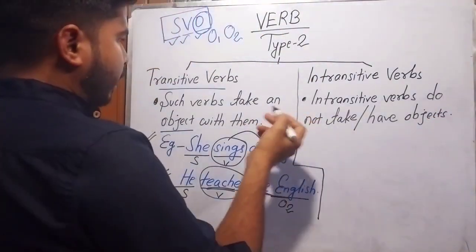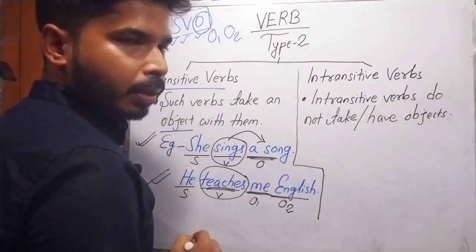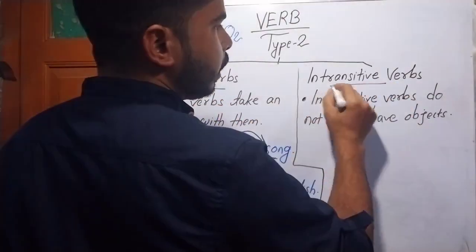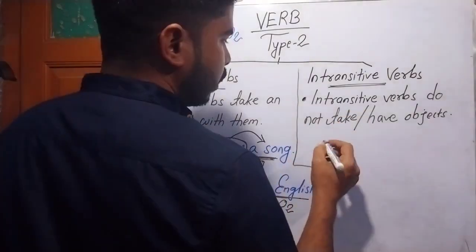In the case of transitive verbs, you will have objects, but in the case of intransitive verbs, you will have no object in the sentence or with the verb.